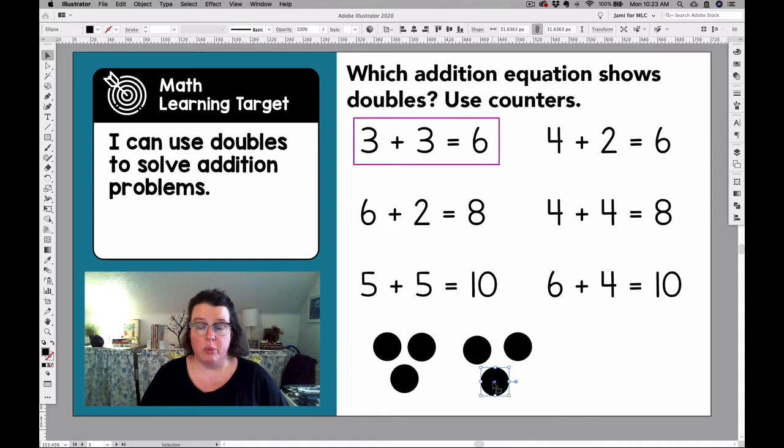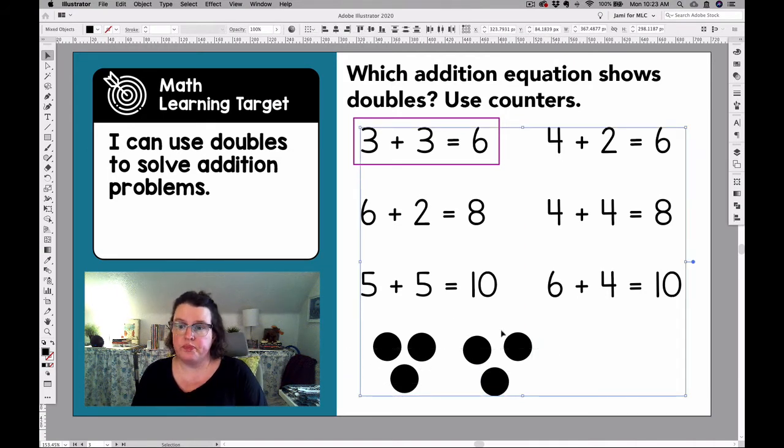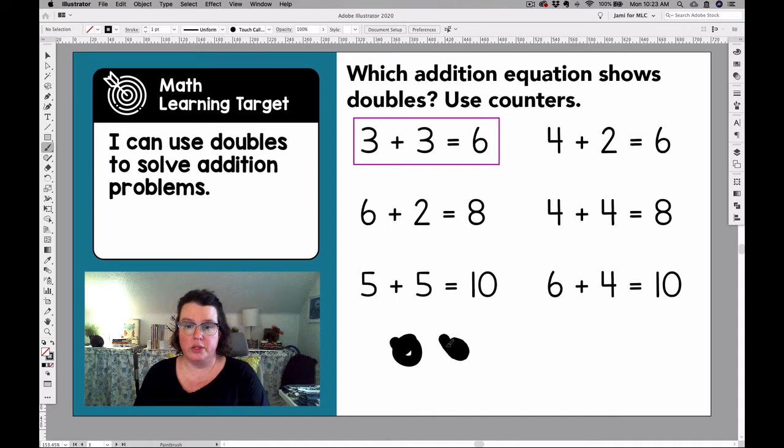They're the same on both sides. I have 3 and 3. It's the same number. So that is a doubles equation. Now, if you have crayons and you don't have any counters, then instead of using your counters, you're just going to take your crayon and just draw a little circle. So 1, 2, 3, same thing.